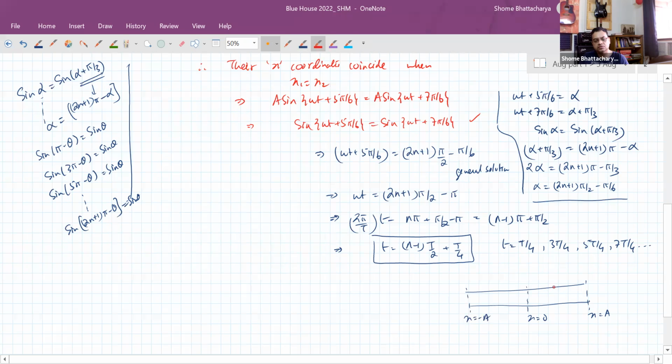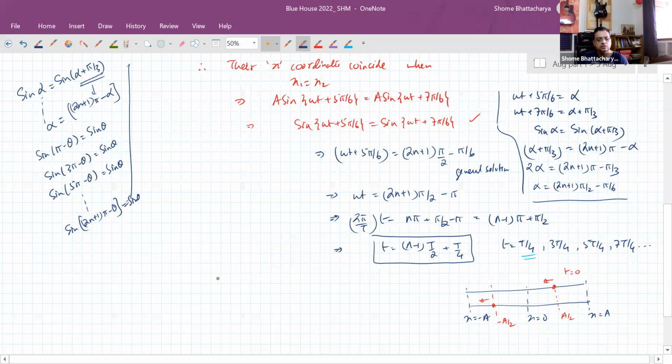Initially, they were like this, no? This was what was happening at t equal to 0. Okay. So what will happen after T by 4 amount of time?